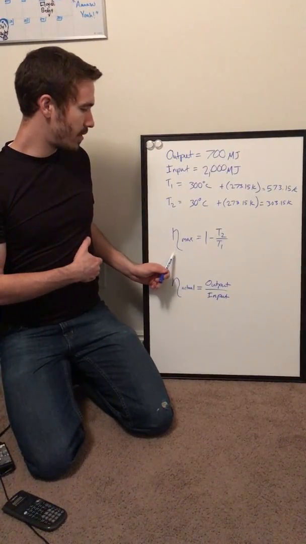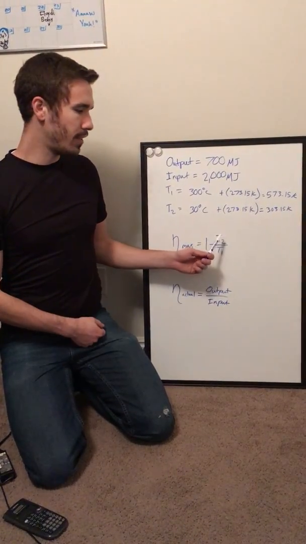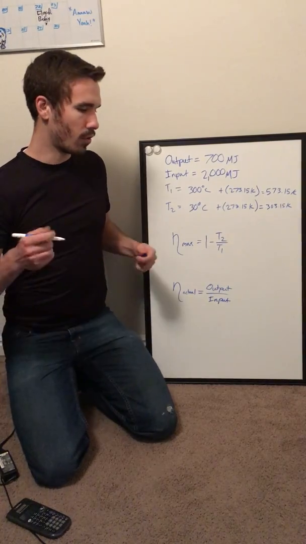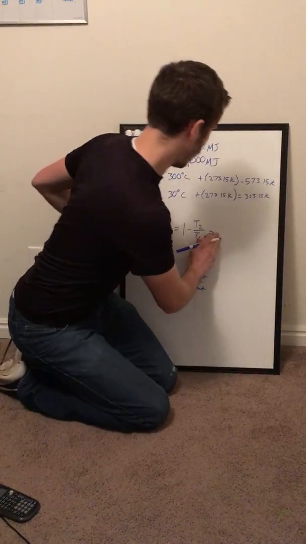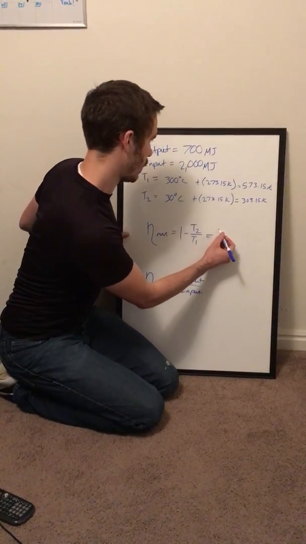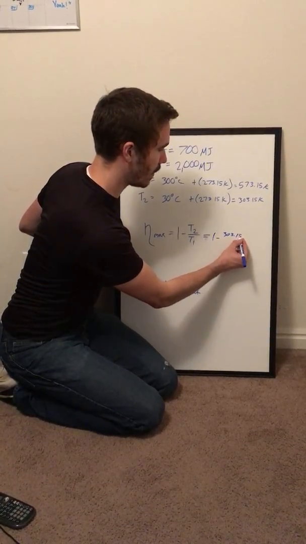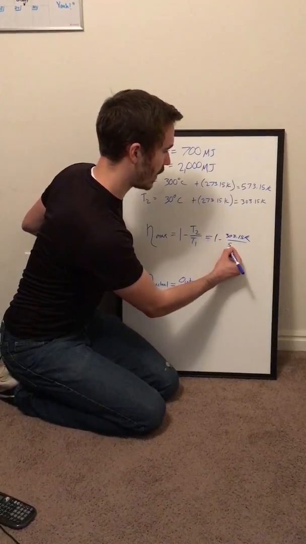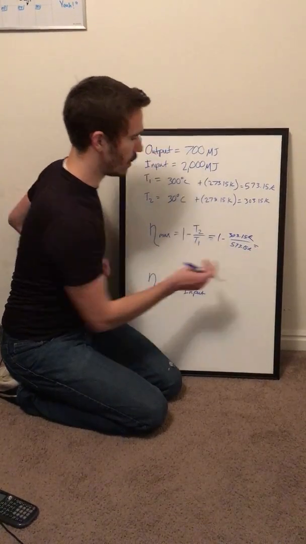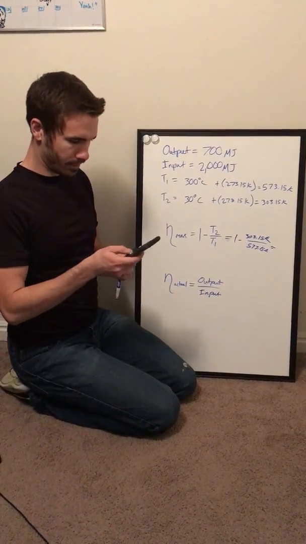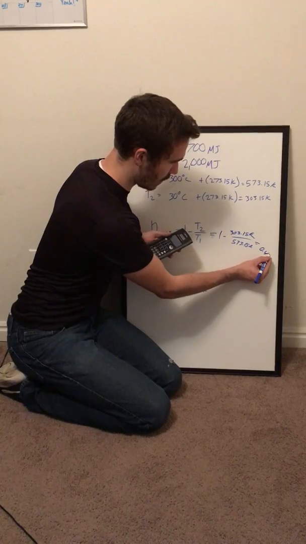The equation we're going to use is: max efficiency equals 1 minus T2 over T1. If we enter the values we have into this equation, we get 1 minus 303.15 Kelvin divided by 573.15 Kelvin, which equals 0.47.